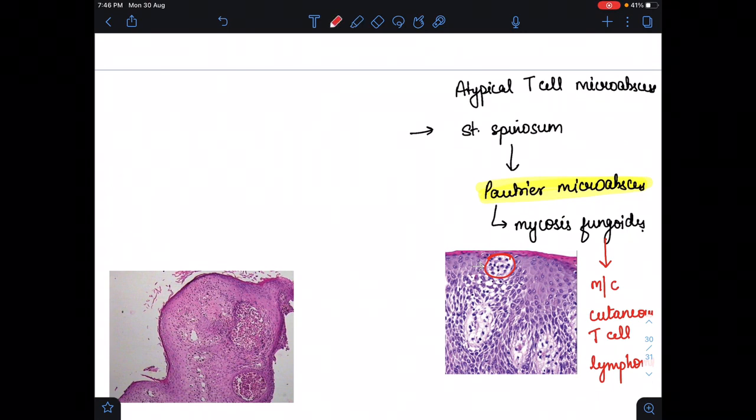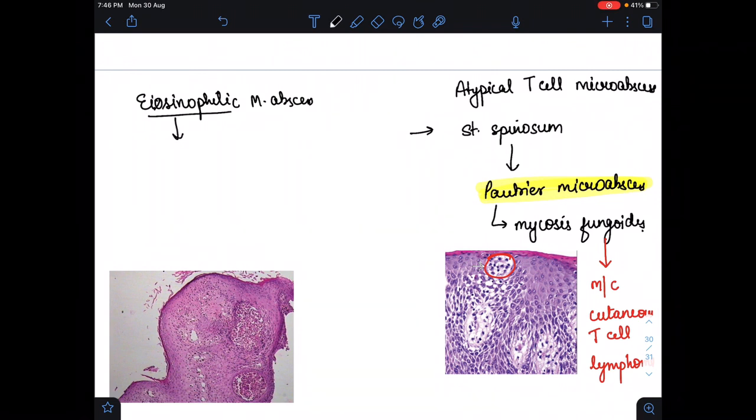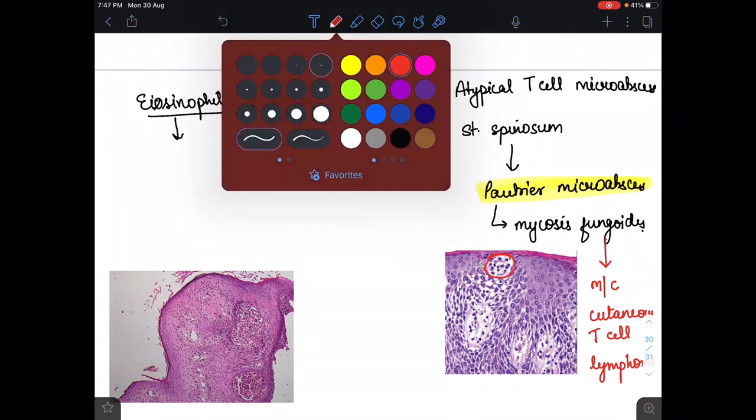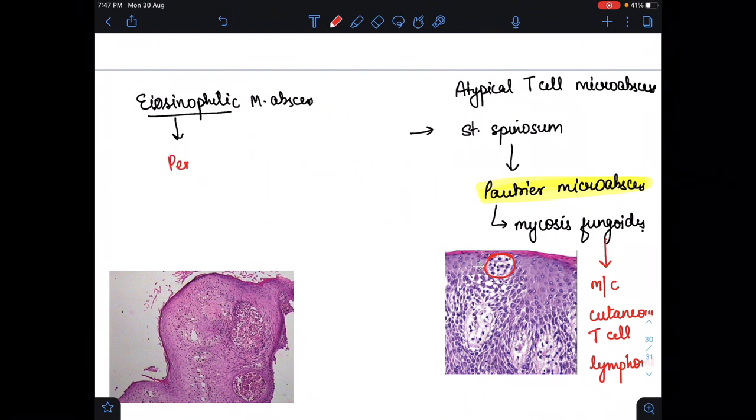And one more is there, and that is the eosinophilic microabscess. As the name suggests, in the eosinophilic microabscess a lot of eosinophil cells are collected. As we all know, eosinophils appear red in color. The example of eosinophilic microabscess is pemphigus vegetans.